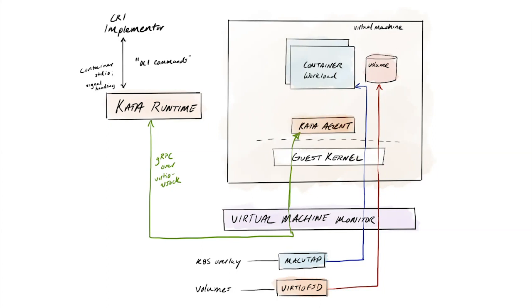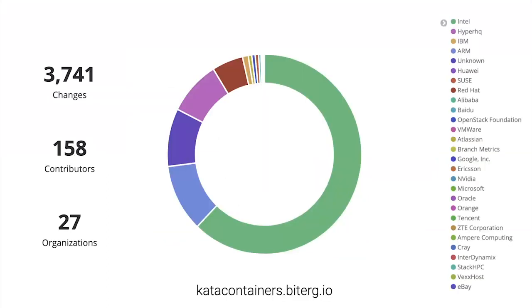But this is kind of, if later we want to have a discussion, this is a good diagram to come back to. This is kind of looking back over the last 2 years or so. 158 different contributors, 27 different organizations. I was at Intel before, and when I was there, the number one goal of mine is to try to not work on it and have to have other people contribute to it, just from a sign of health of a project.